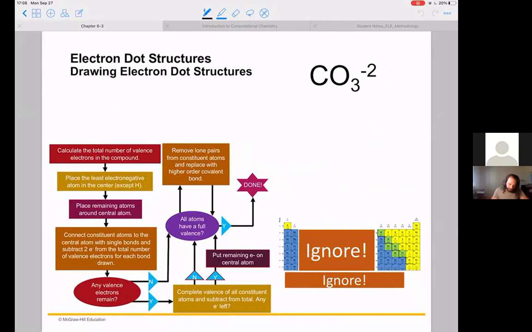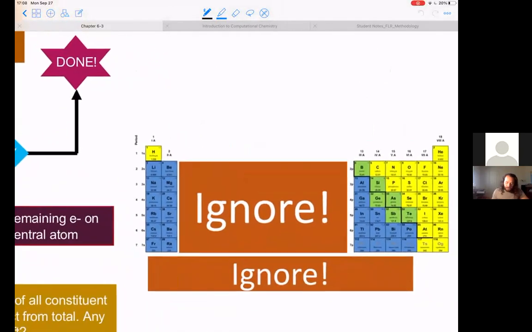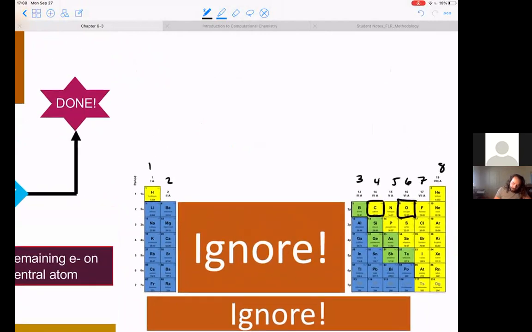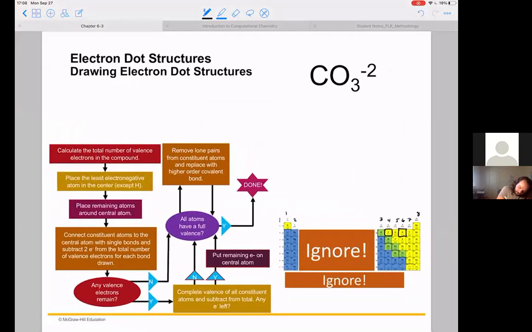Okay, so we're going to go through the procedure of how we do the Lewis structure from scratch here. First step is to calculate the total number of valence electrons. We have carbon and oxygen, right? So this would be 4 valence electrons for the carbon, plus 3 times the 6 valence electrons for the oxygen, plus 2, and this comes from the charge, right?